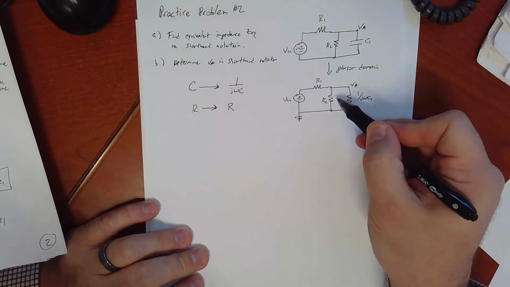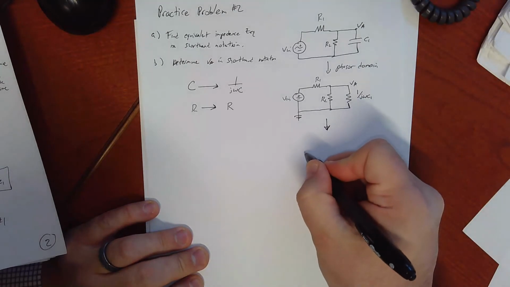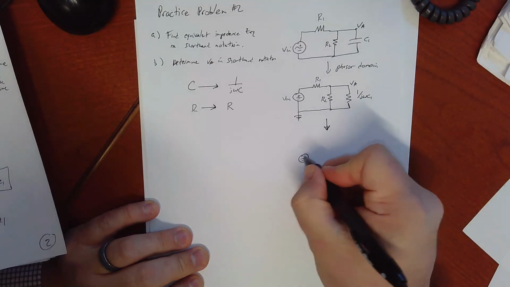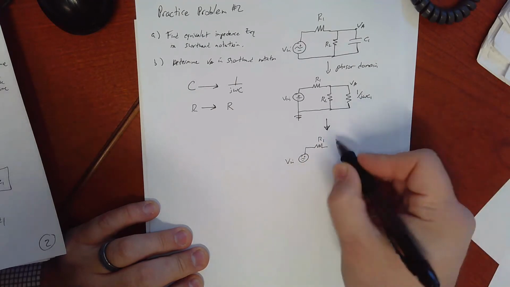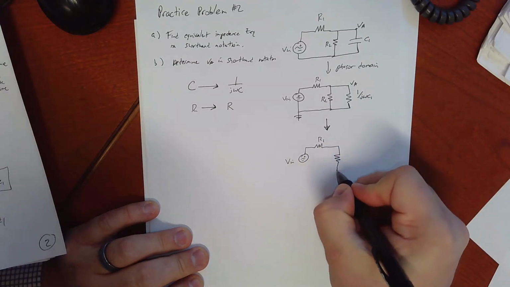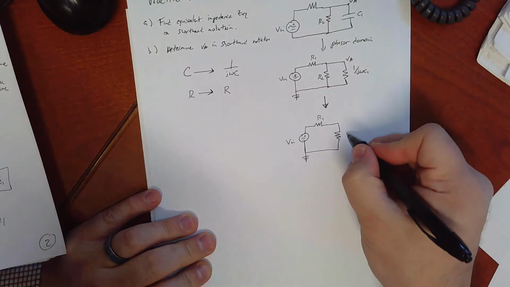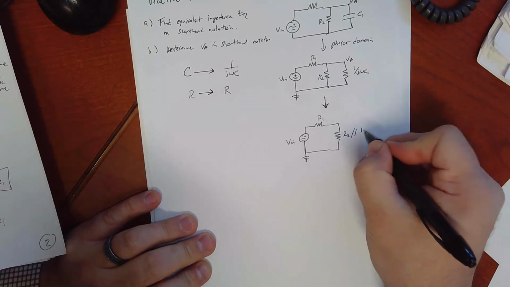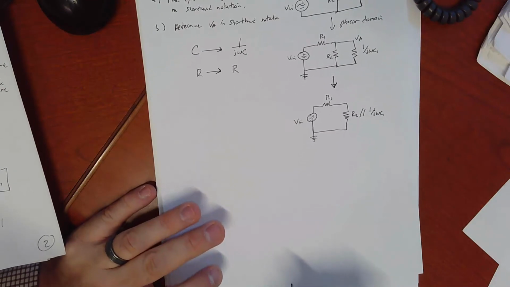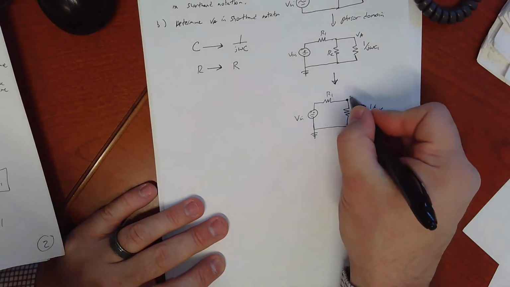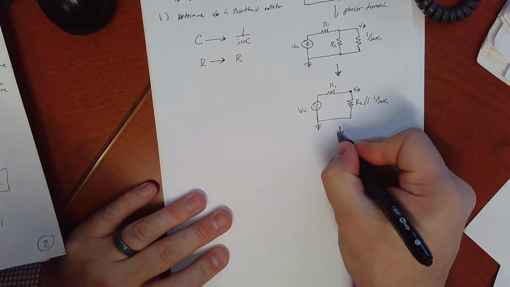So now we can look. These two are in parallel, so we can redraw. If we do that, we get this is still R1, and now this is going to be equal to R2 parallel with the quantity 1 over j omega C1. And now we can see, and this is again V sub A, these are in series, so we can redraw it again and combine the two in series.